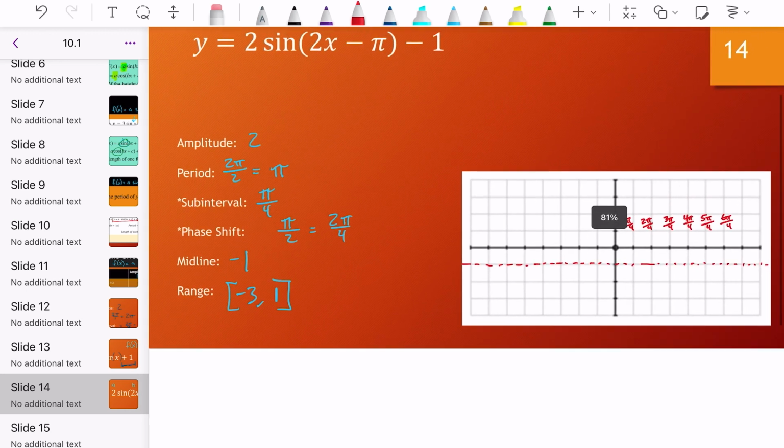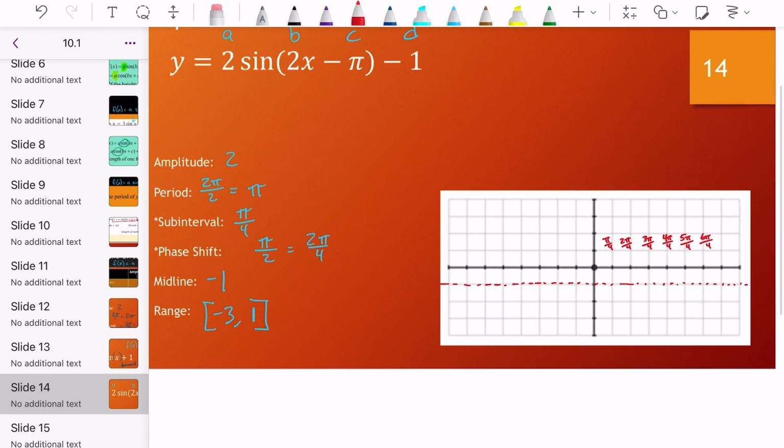Now, knowing that our subinterval is pi over 4, it will make our lives a little bit easier to have an understanding of exactly how much we are moving. Now, in this case, our phase shift is occurring by 2 pi over 4.